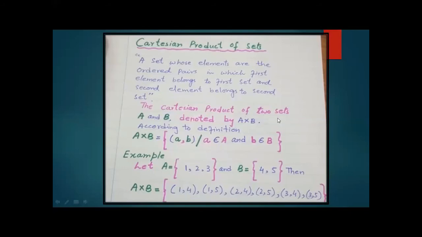The Cartesian product of two sets A and B is denoted by A multiplied by B.